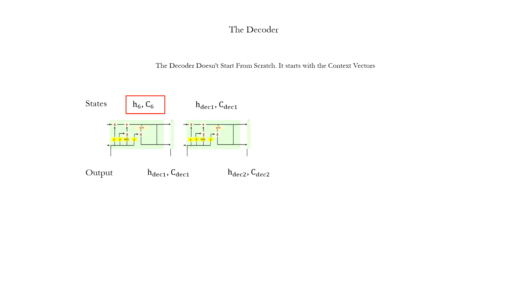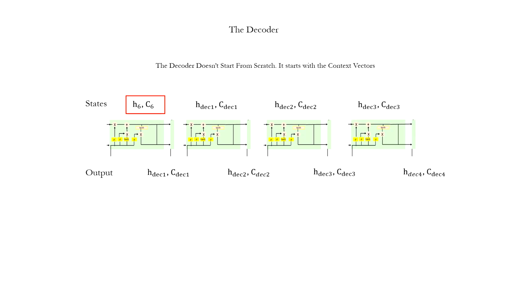And it's going to output HDEC1, CDEC1, right? Then you're going to plug that into the next LSTM, and it's going to output HDEC2 and CDEC2, right? And so forth until we get to these four.